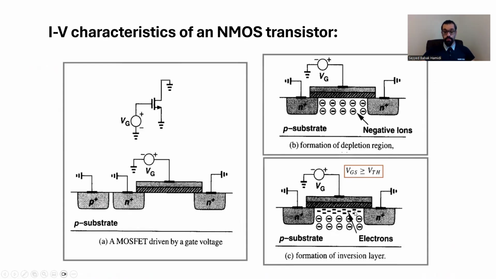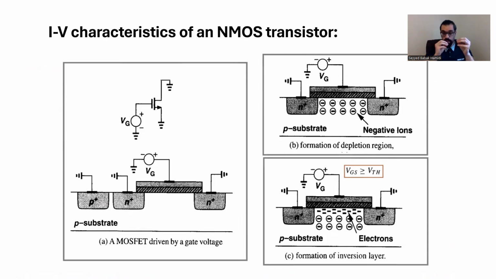the electrons will be attracted, will be collected, and will form a layer between these two N plus under the transistor's gate channel. And basic electrical engineering: whenever we have electrons, if we put a little voltage on one side of that electron layer, the electrons move.